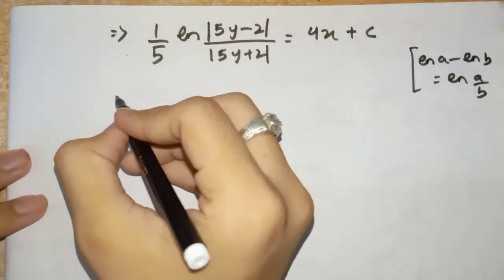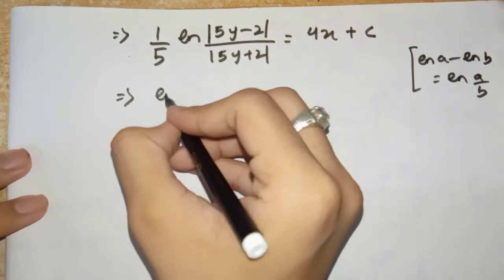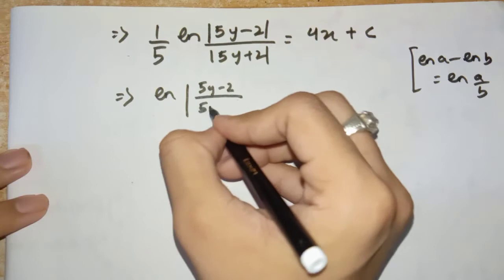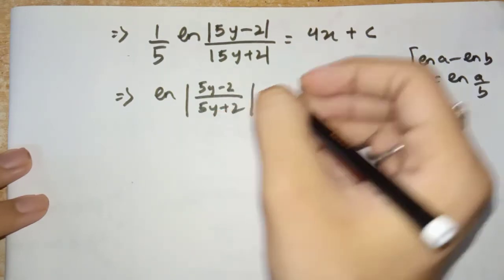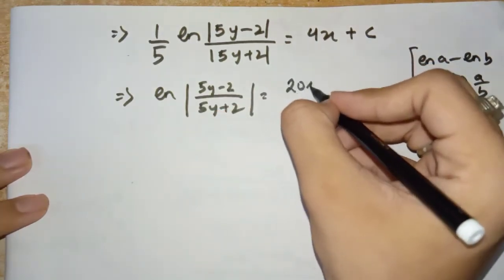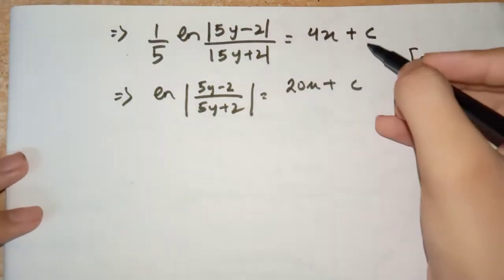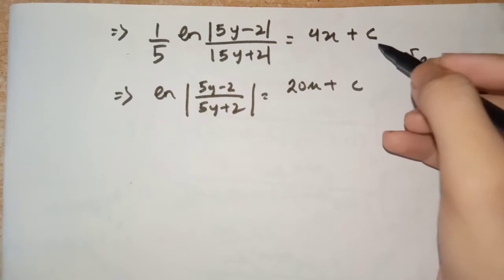Now ln of 5y minus 2 by 5y plus 2 is equal to 20x plus c. Yeah, this won't be 5c because it's a constant. Whatever you do to this constant, it doesn't matter to us.